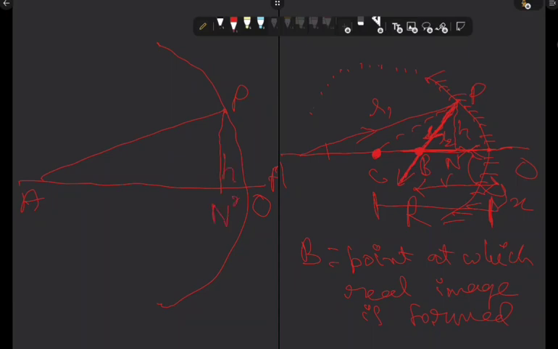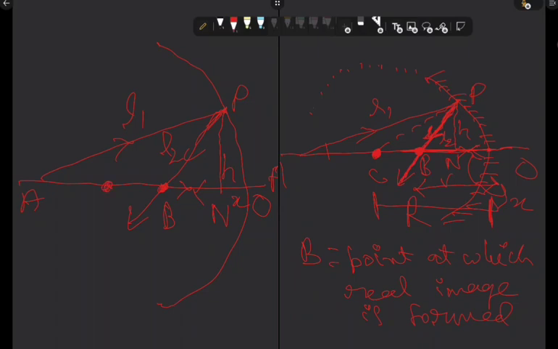This is H, this is X, ON is equal to X. This is L1. It goes from here and, if it retraced its path, it would reflect back at the same point. From P it is reflected, so it is L2, and it is intersected at point B.